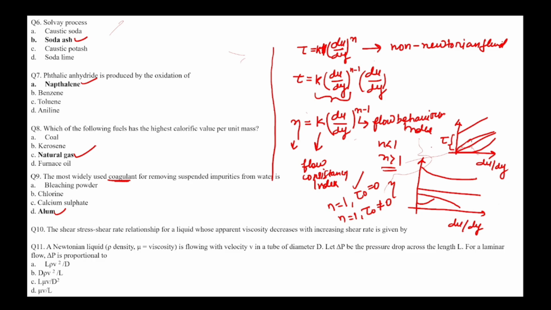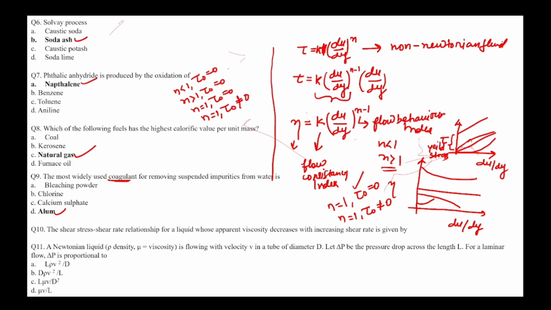Okay, it is called yield stress. So these are 4 conditions: n less than 1, tau naught equal to 0; n greater than 1, tau naught equal to 0; n equal to 1, tau naught equal to 0; n equal to 1, tau naught not equal to 0.